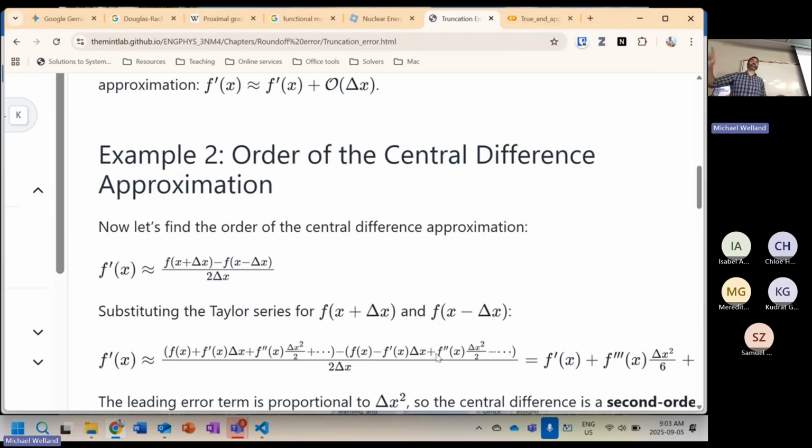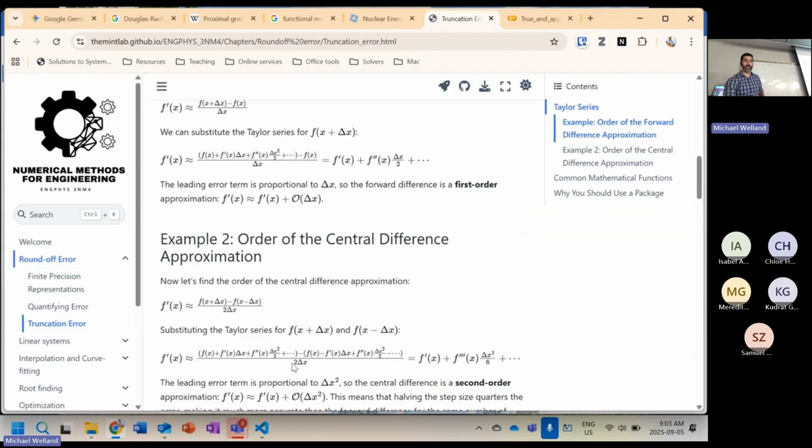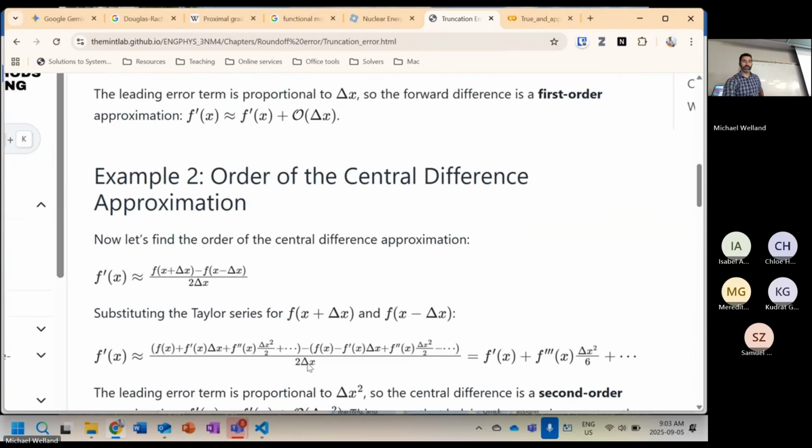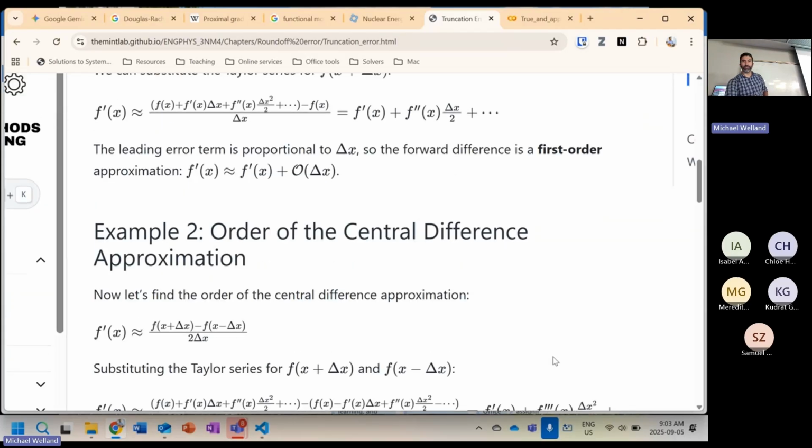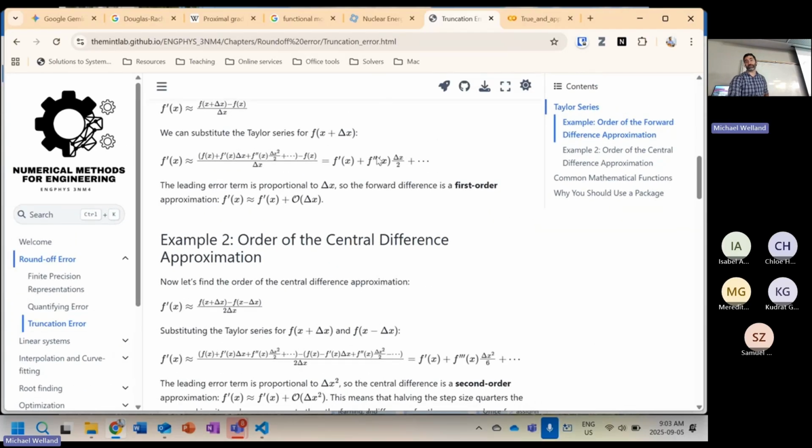The negatives cancel out in the Taylor expansion because you're squaring it. And you got this positive term again. And then you get divided by, oops, twice that distance. So you've taken your forward one, you've taken your backward one, you've averaged them, and what ends up happening is that that f double prime term cancels out.